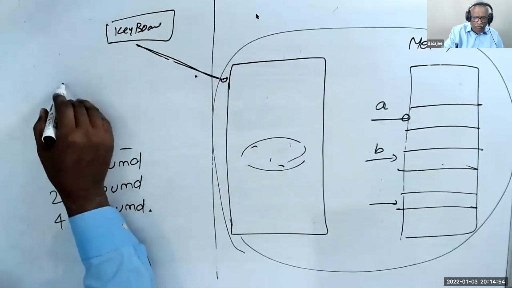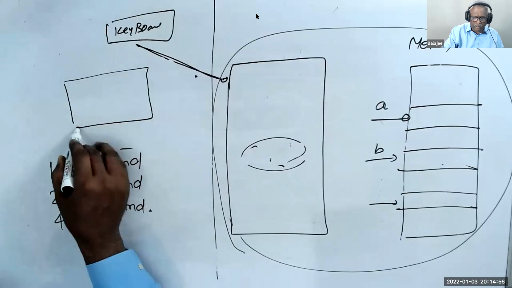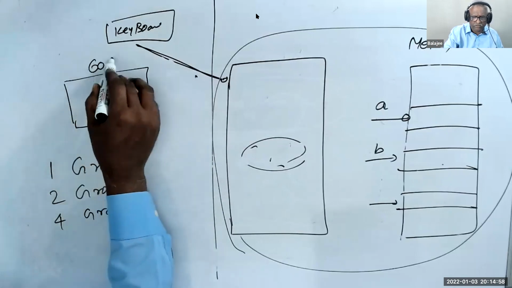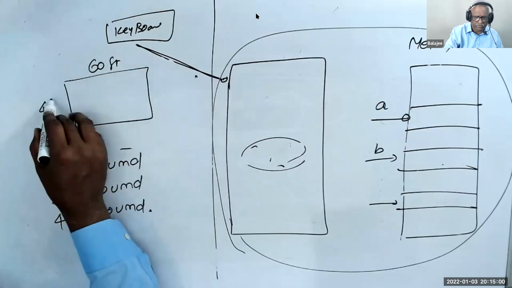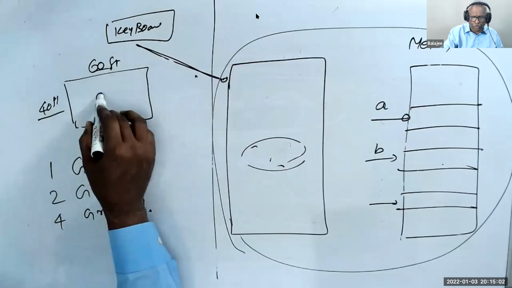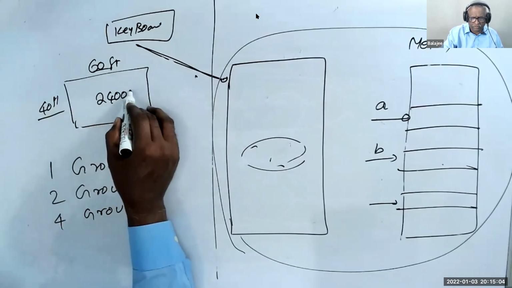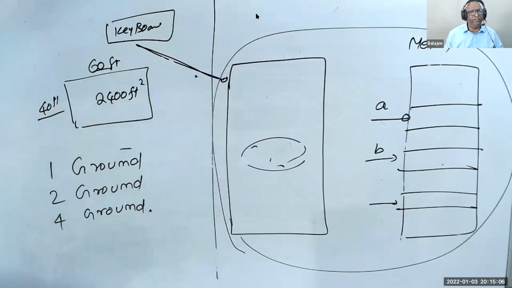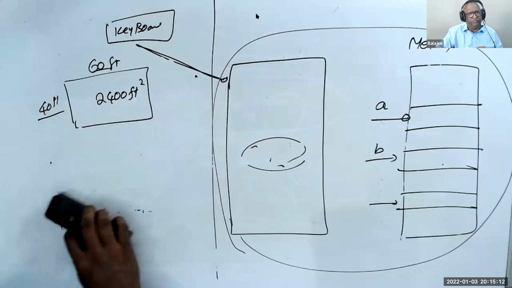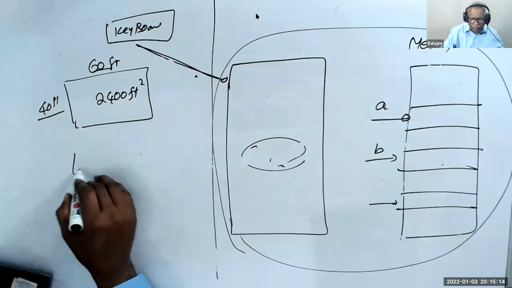One ground normally, let us assume, is 60 feet by 40 feet. That means 2,400 square feet. This is called one ground. Or sometimes you hear this terminology, 1 BHK.